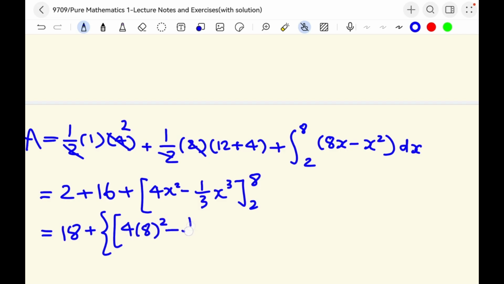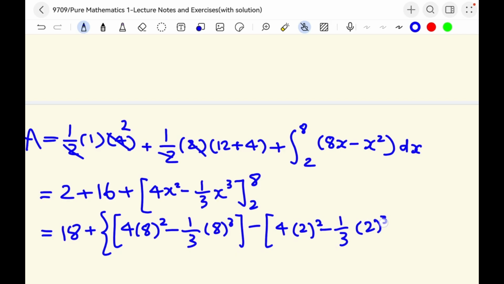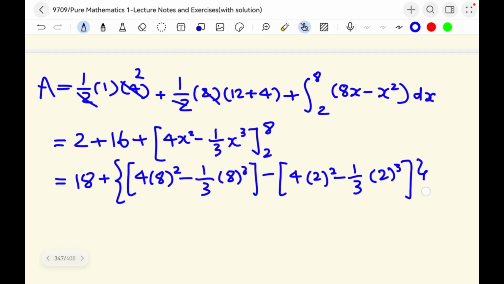Substitute the boundaries given, I mean the correct limits over here. And now use your calculator to calculate the areas that gives the final answer.